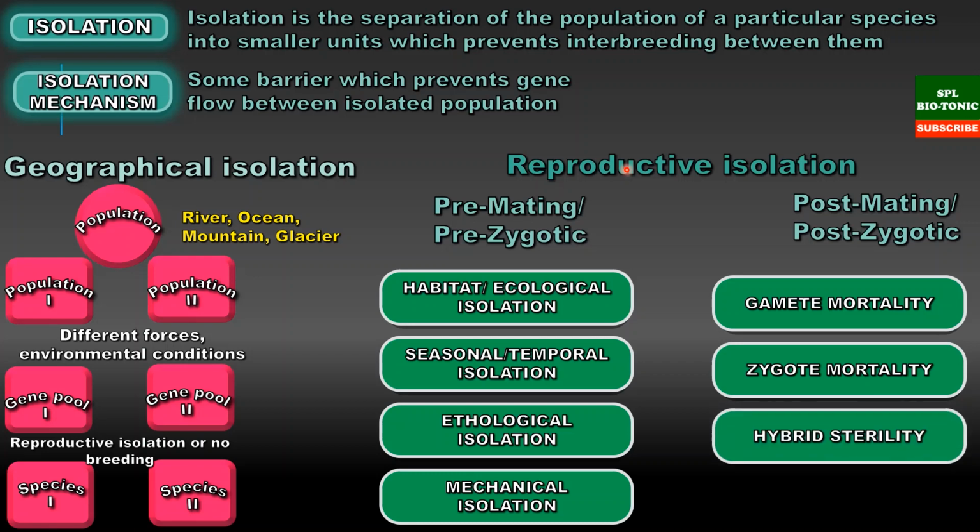And third is hybrid sterility, where the gametes fuse to form a zygote and this zygote forms an individual, but the individuals which are produced are sterile. So we call that hybrid sterility. A good example of this is the mule. A mule is a cross between a horse and a donkey. So this is what is called post-mating or post-zygotic isolation.